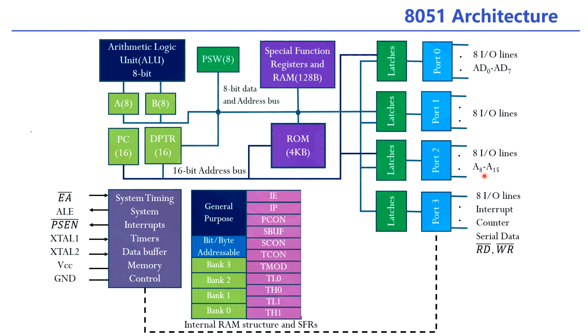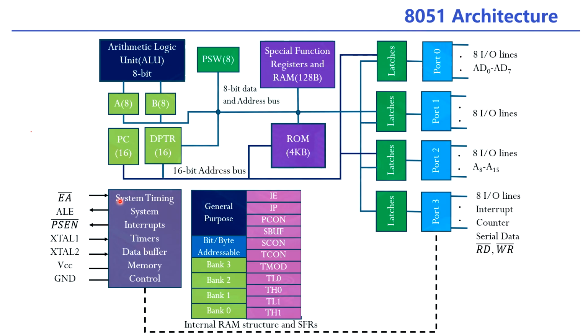Two out of these 8 lines are provided for interrupts, they are INT0 and INT1, and 2 lines are provided for counter operation, the timer 0 and timer 1 inputs T0 and T1, and 2 lines are provided for serial data transmission, and 2 lines are provided to access external data memory. So these are the alternate functions, total 8 pins. Further, we will discuss these pin descriptions in the pin diagram.